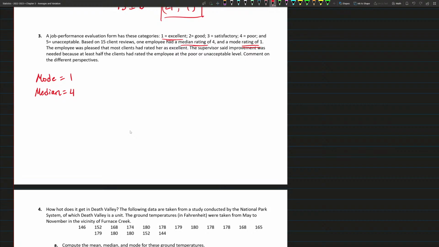So I would say that the employee actually does need improvement, because most of the data says that that employee needs improvement.